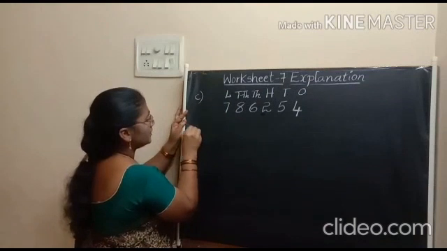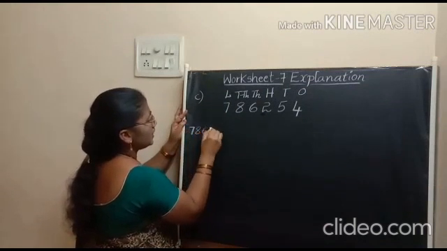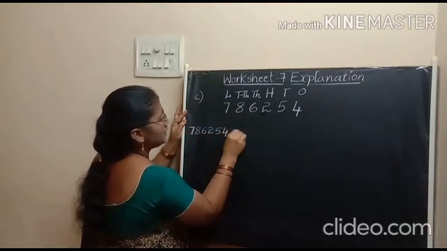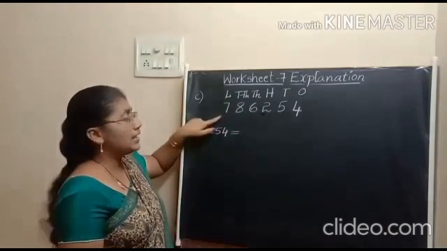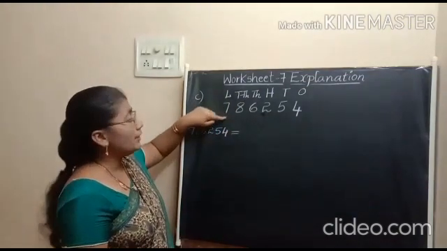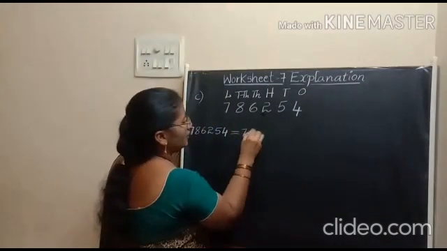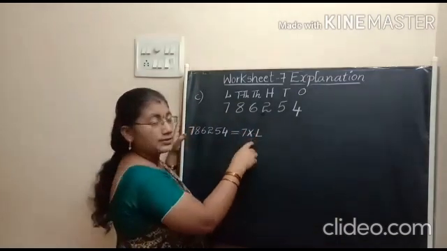First, we should write the number. 7,86,254 is equal to, first we should take place value of 7. That is 7 into 1 lakh. 7 into lakh, L for lakh.